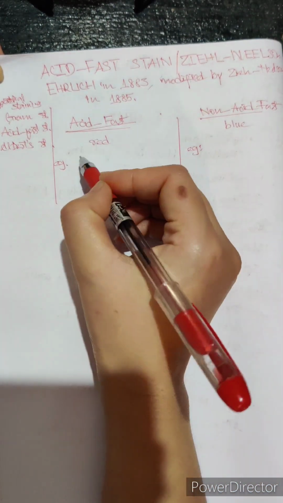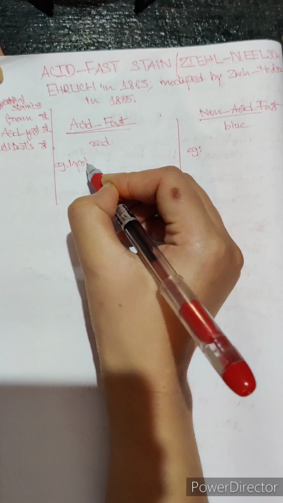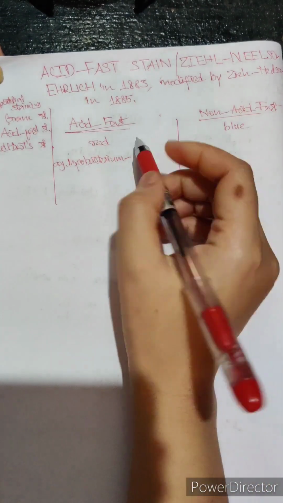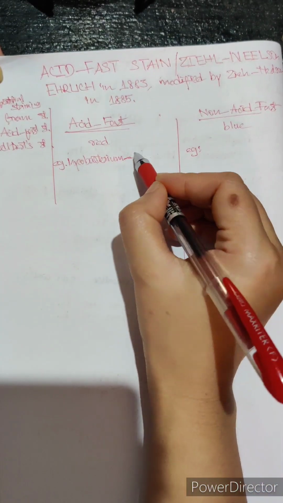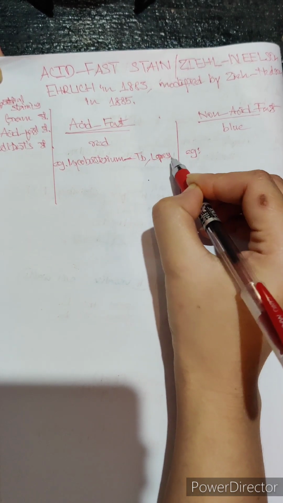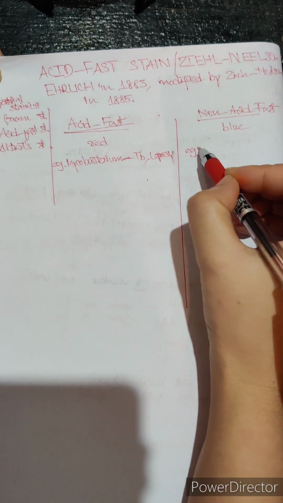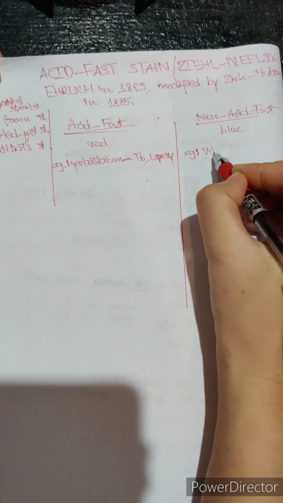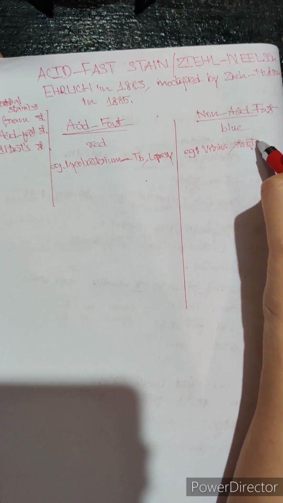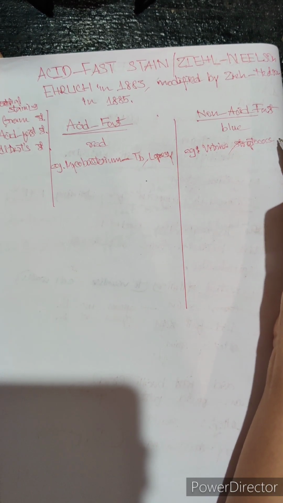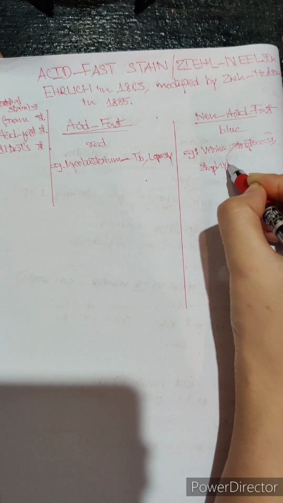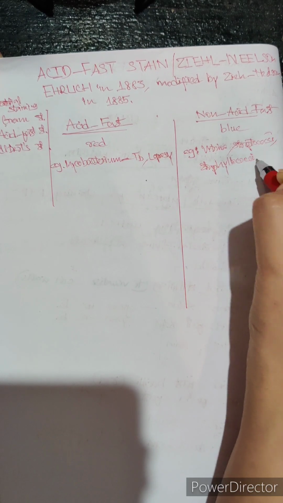Acid fast bacteria are mainly Mycobacterium, the main causative organisms of TB and leprosy. Non-acid fast bacteria could be Vibrio, Streptococcus, Staphylococcus.